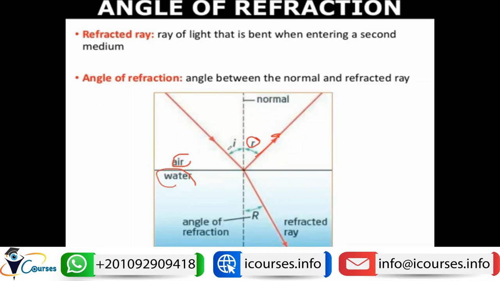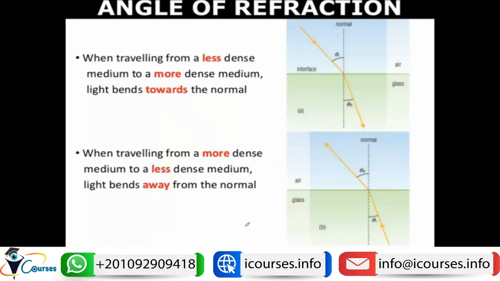So here again, the angle of incidence. When the light hits the interface, it will refract, leading to bending of the light, and the angle between the refracted ray and the principal meridian or the normal is called the angle of refraction. The behavior of the refracted light is different according to whether it is passing from more dense to less dense, or from less dense to more dense medium.